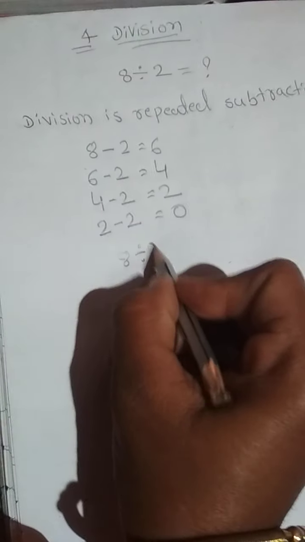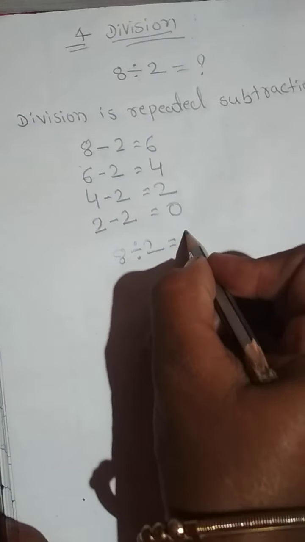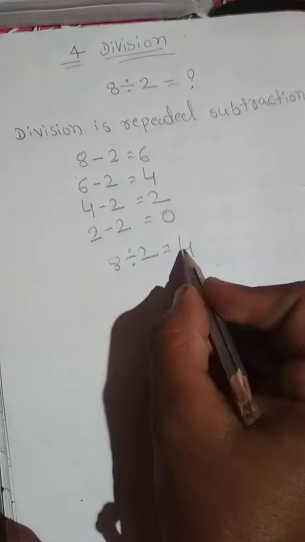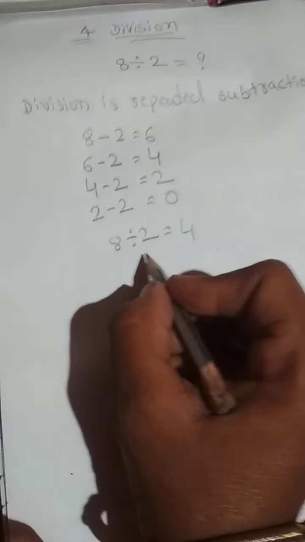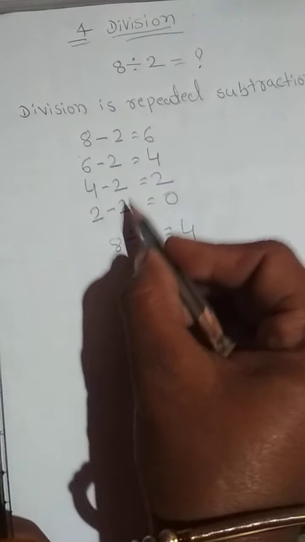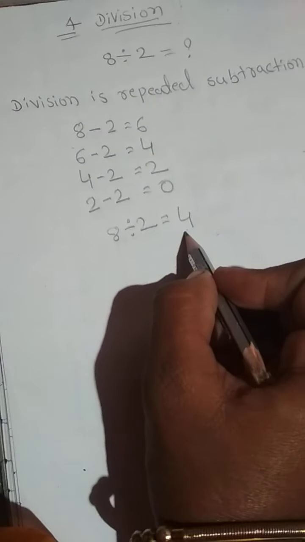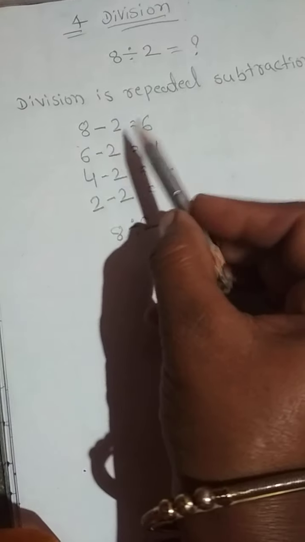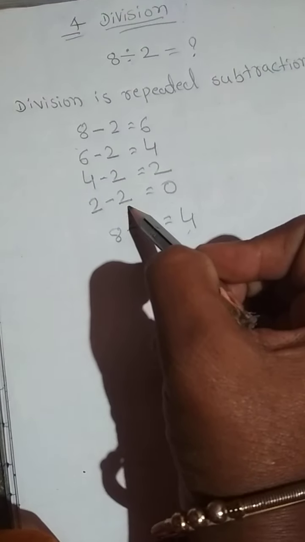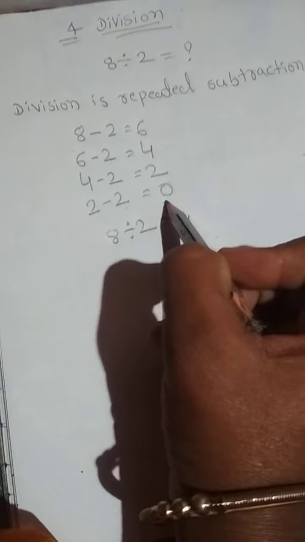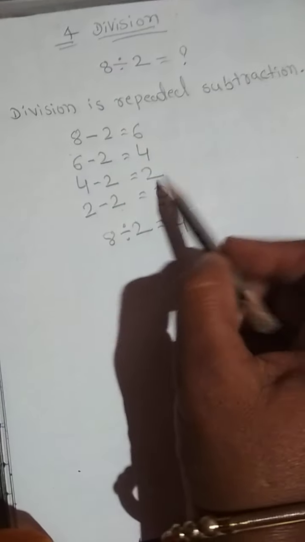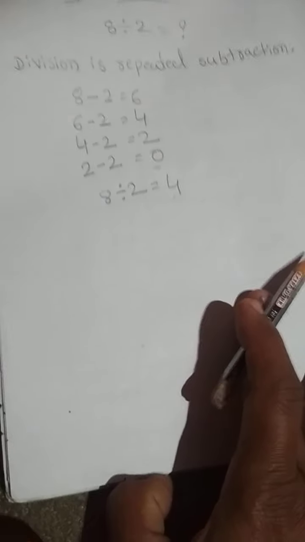So 8 divided by 2 equals 4. Four 2's are 8, yes students? We subtract 2 each time, and here 0 comes. This is called division is repeated subtraction.